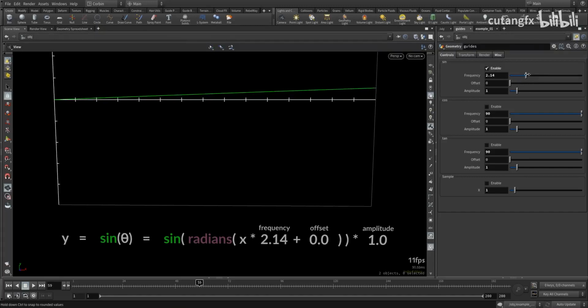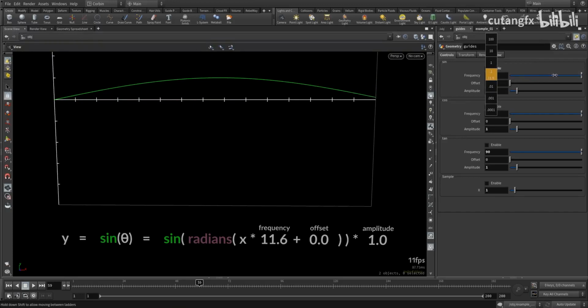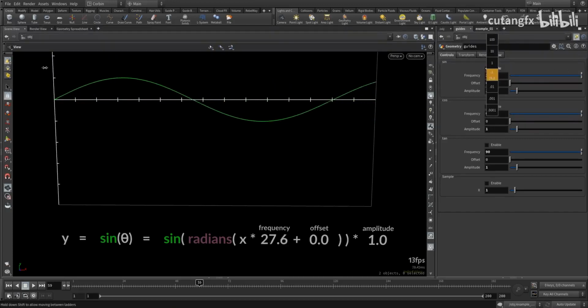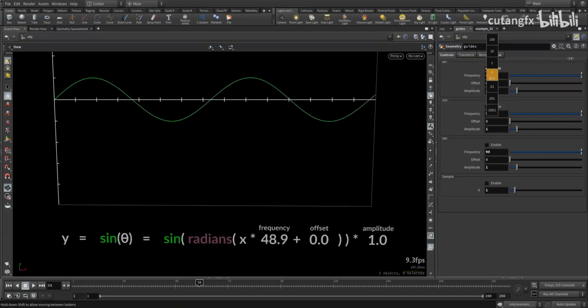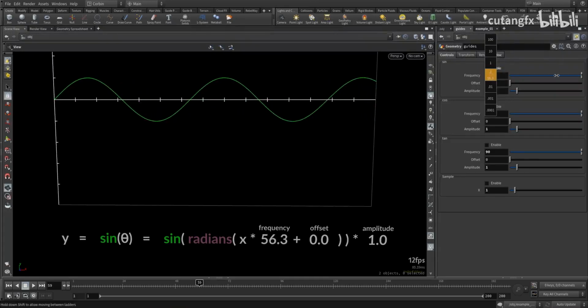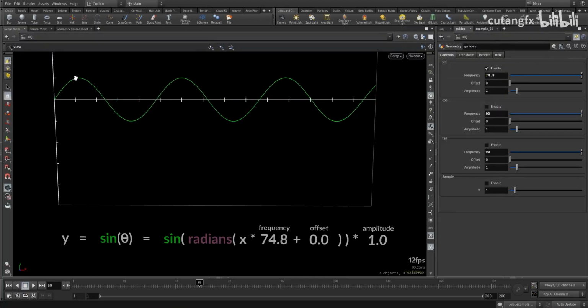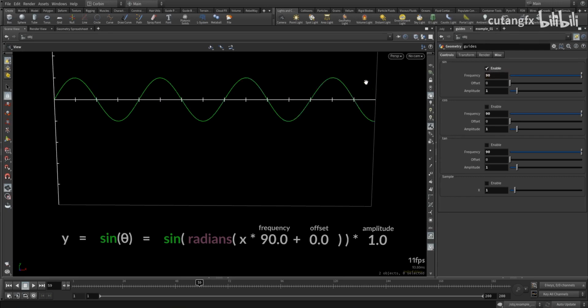So let's see what happens here. As I increase frequency, like I said, the x value is searching further along the wave and therefore making the wave appear as though it is shorter. So the actual wavelength is shortening. I'm going to take this back to 90 where I had it before.